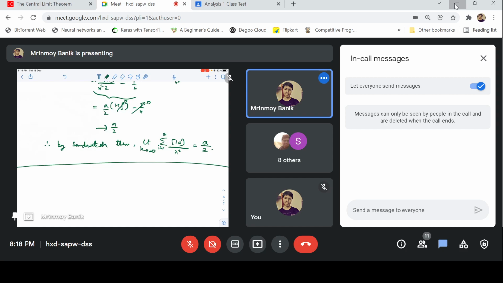Yeah, so to generate such a sequence, we can choose delta equals 1, 1/2, 1/3, 1/4, like any sequence that converges to 0.